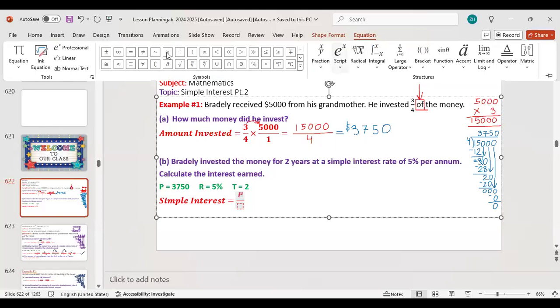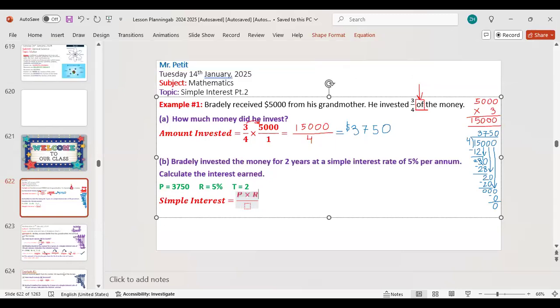Let me make a note of it. Anyone got any different answer? Principal times rate times time. I got 375. You got 375 as well.